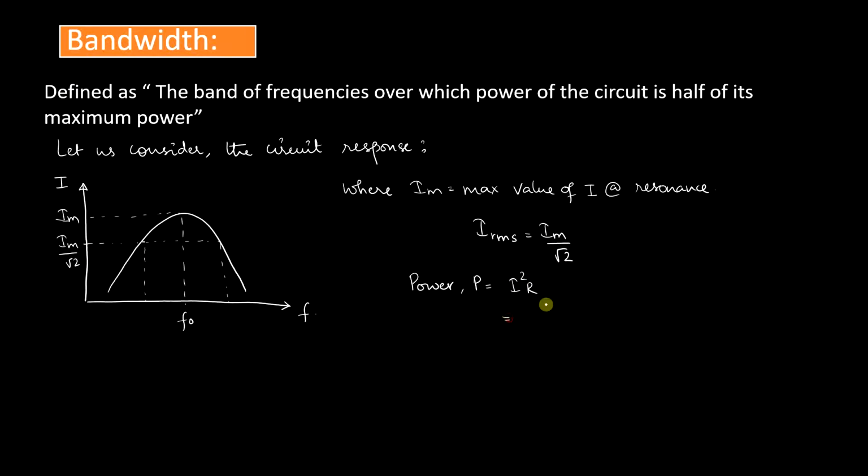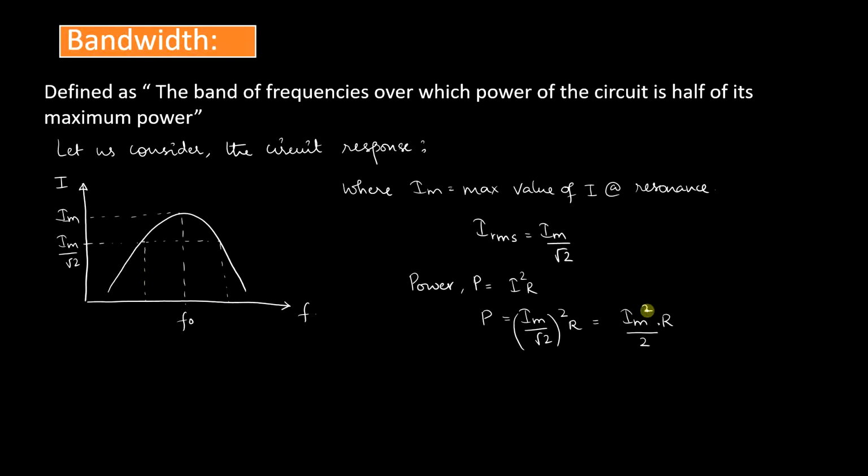So I can write this as Im by root 2 the whole square into R, or Im square divided by square root of 2 the whole square, which is 2, into R. So this is the power at these frequencies.